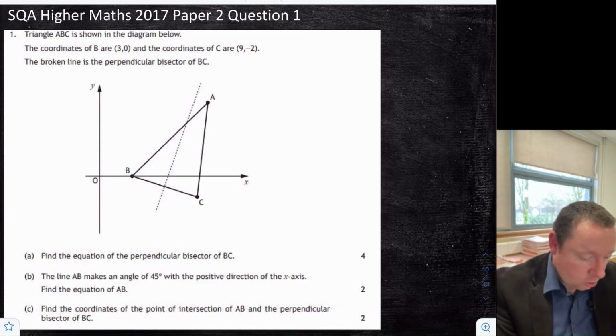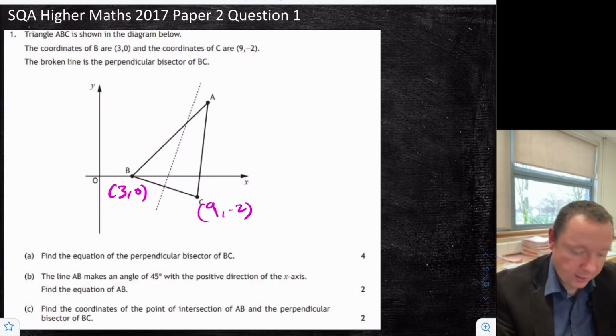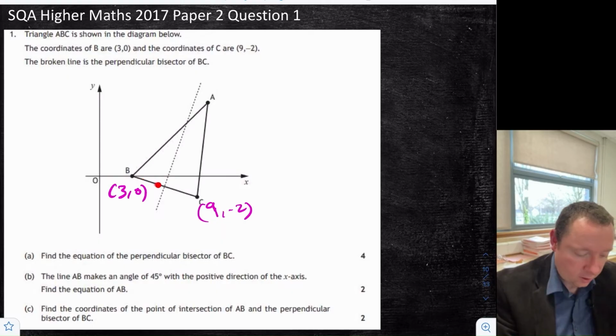It's your standard, you've got a triangle, the coordinates of B are 3, 0, C are 9, minus 2. So I'll just write these as we go. And the broken line is the perpendicular bisector of BC. Find the equation of a perpendicular bisector. So a perpendicular bisector cuts a line in half at right angles.